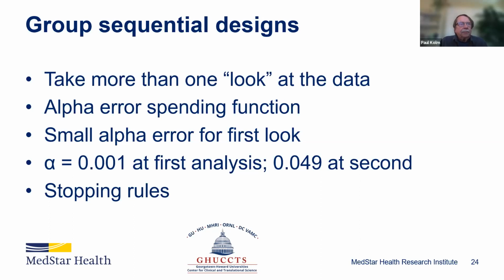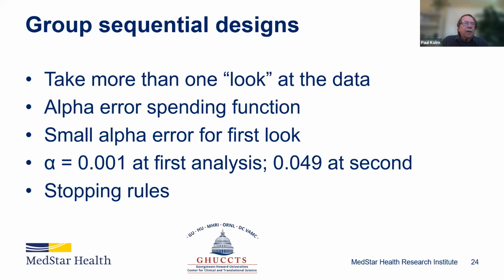So for example, we might have 0.001 for our statistical significance on our first analysis, then at our second analysis would be 0.049. It's not calculated that simply, but that's the basic idea.